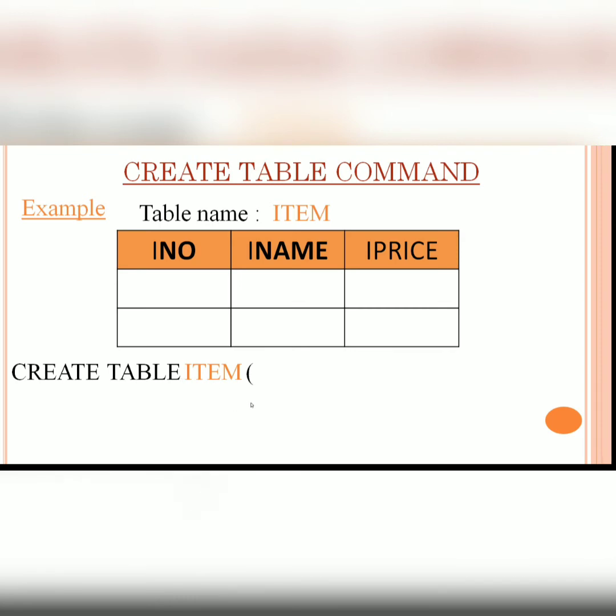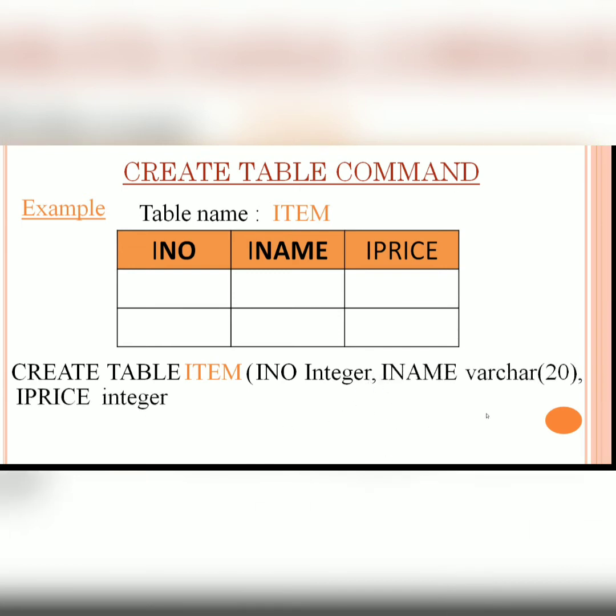After that opening bracket will be used and the first field name along with the data type we will write, and comma will be used for separating the next field, and this process will continue until all the fields are done. Then we will use the closing bracket, and at last we will use the semicolon for terminating our command. I hope it's clear to all of you.